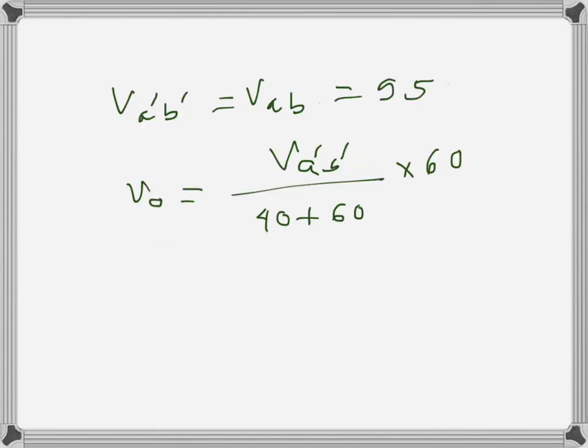You have to keep in mind that otherwise, to get the right result, we have to convert kilo ohms into ohms, and milliamps into amps, and so on. Here again this is also a ratio, 60 divided by 100 or 60,000 divided by 100,000 is the same thing. So this is 95, this is 100, and this is times 60, so we get 57 volts. That's the result, V0.